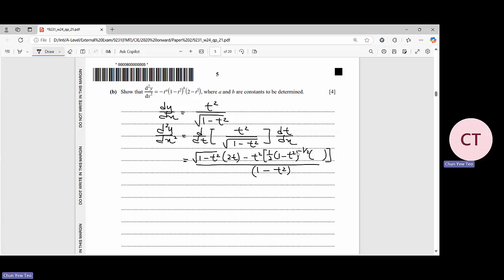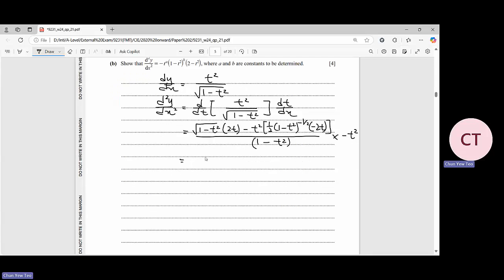Just like that. And do not forget to write down dt/dx, which is actually negative 1 over t squared. Then we simplify first. There's no hurry to simplify and get the answer directly, so it's better we simplify carefully.